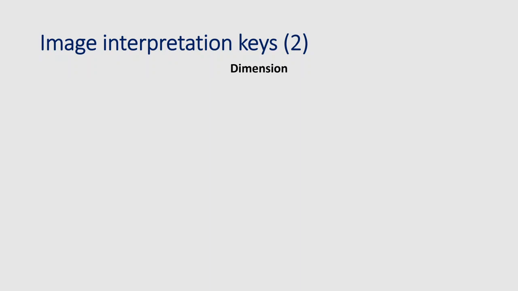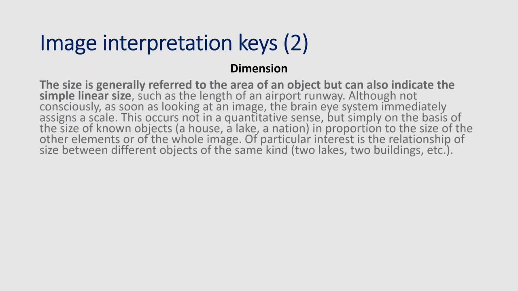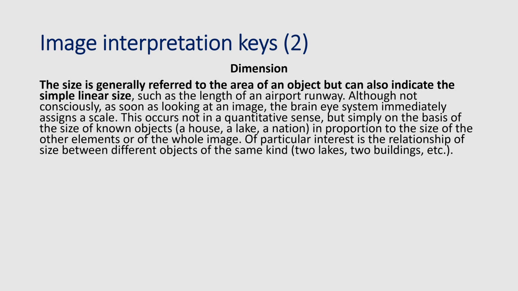Another very important thing that we should use in order to recognize an object is the dimension. The size generally refers to the area of an object, but can also indicate a simple linear size, such as the length of an airport runway, for example.